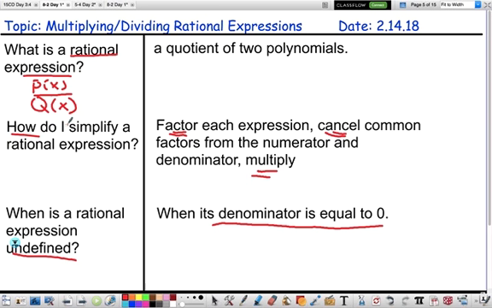Just from what it says, a rational expression is a quotient of two polynomials. Polynomial 1, polynomial 2. It's a quotient of two polynomials.